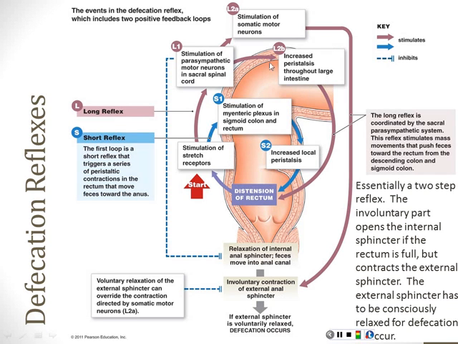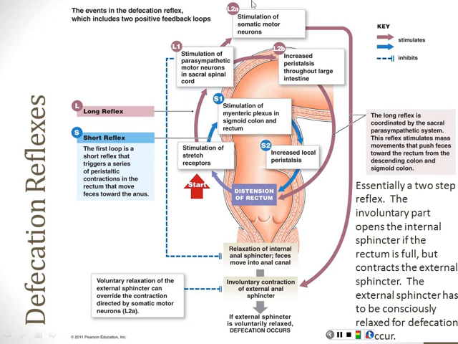So a lot of similarities between this and what we'll see in the urinary system, because the micturition, which is urination, that reflex is controlled in kind of this same way. There's a short reflex and a long reflex. So what about in babies or in people with spinal cord injury? Their defecation reflex is all coordinated by this short loop.